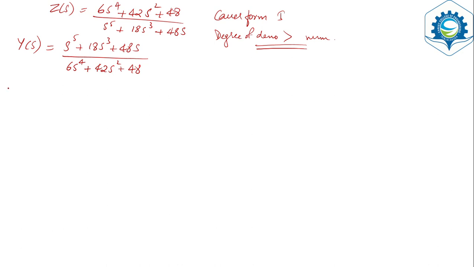How do you carry it out? I'll just write this down. What will be the value over here? You have s raised to 5 and here is 6 s raised to 4. So, it will be s by 6. You can just complete the continued division.